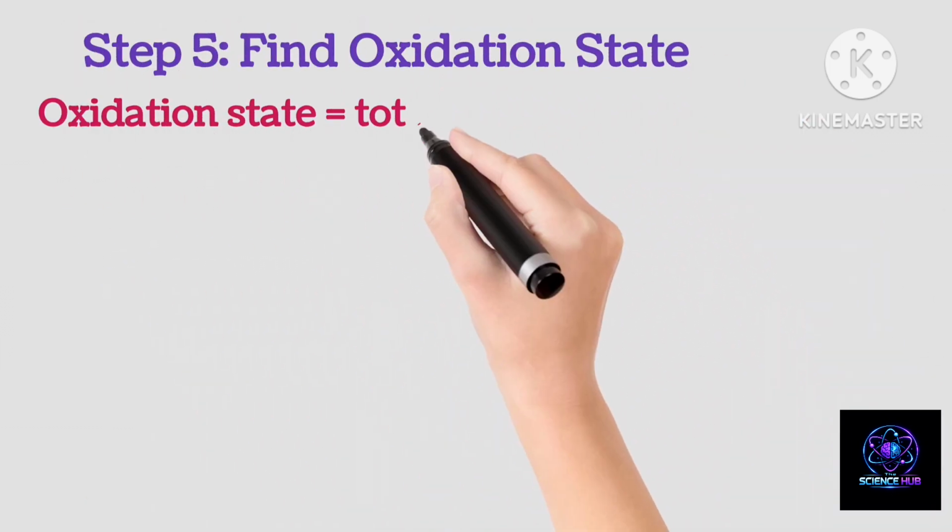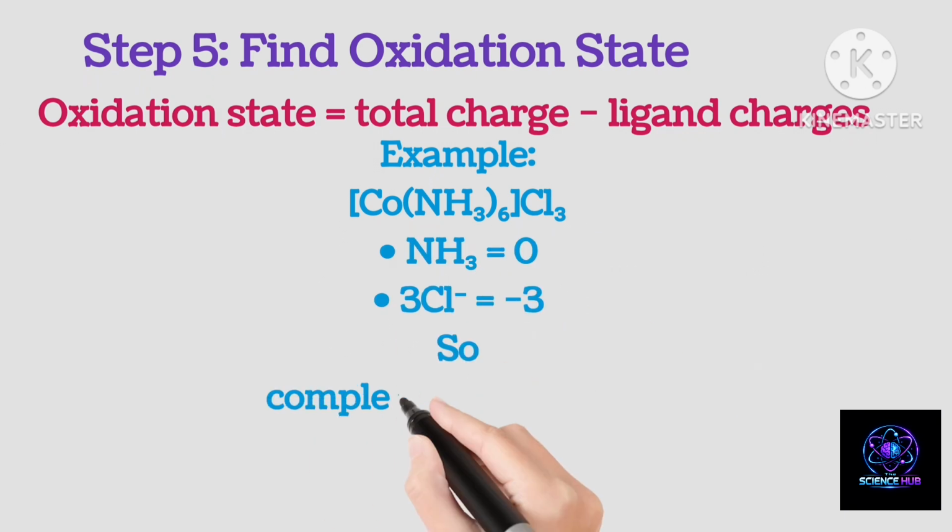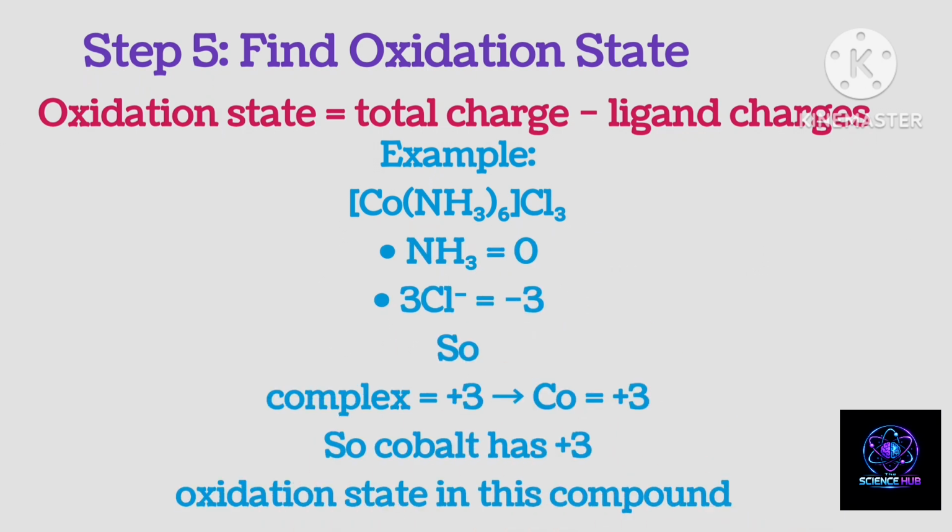Step 5. Find the oxidation state. Formula. Oxidation state equals total charge minus ligand charges. Example: [Co(NH3)6]Cl3. NH3 equals 0. The ammonia ligand is neutral and has no charge.